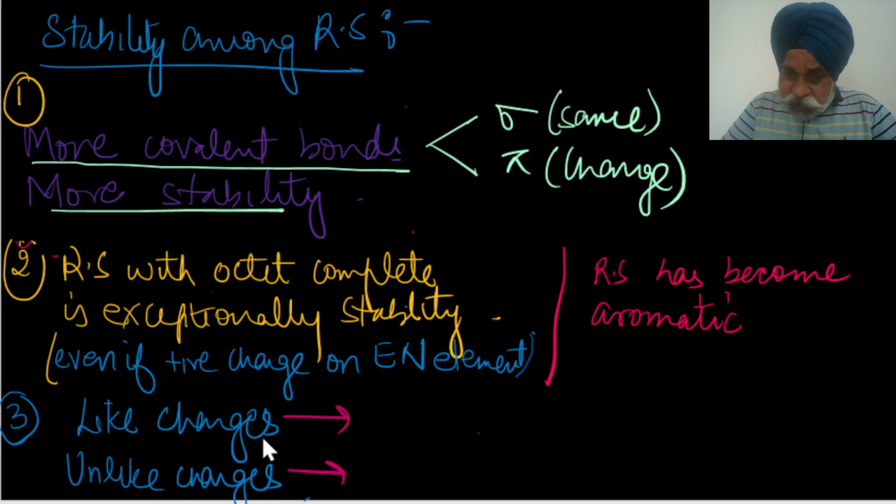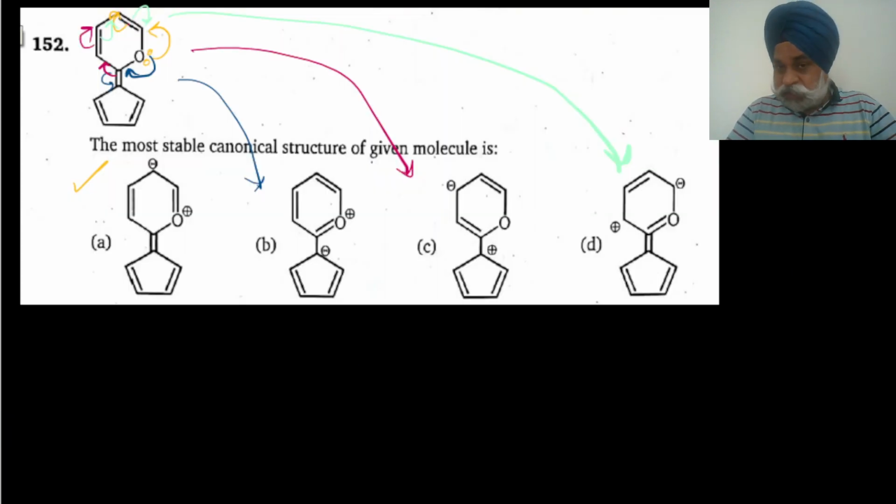And last, if in the resonating structure there are some charges, we would love to keep like charges as distant apart as possible, and unlike charges as close as we can. That way it increases the stability. So these are fundamentally the 2-3 points you always have to keep in mind while evaluating the stability of resonating structures. So let us do the first question first.